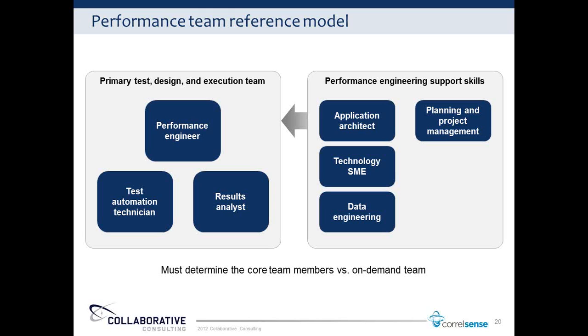You may have an application architect on loan when you're doing the test. You may need that level of support to understand how to troubleshoot, how to interpret it. Technology subject matter experts, if you're doing nothing but Java testing, you may need a Java SME inside the core team. You may need a Java subject expert on call.